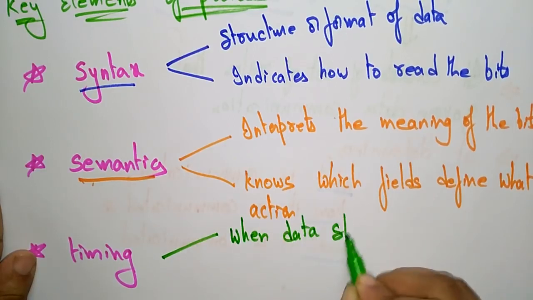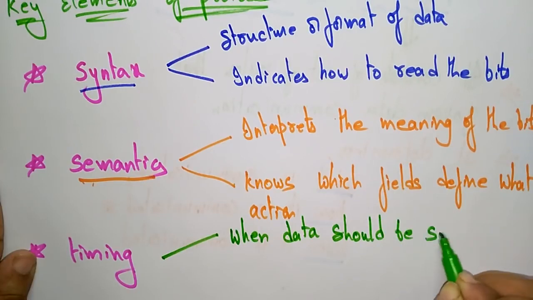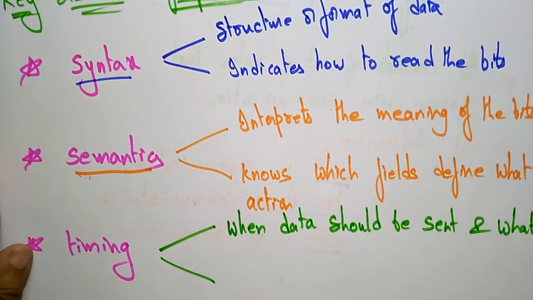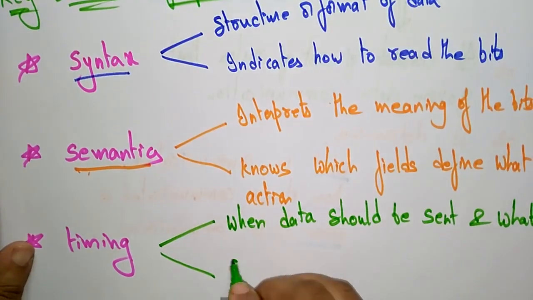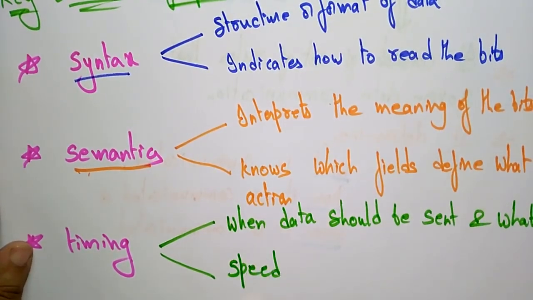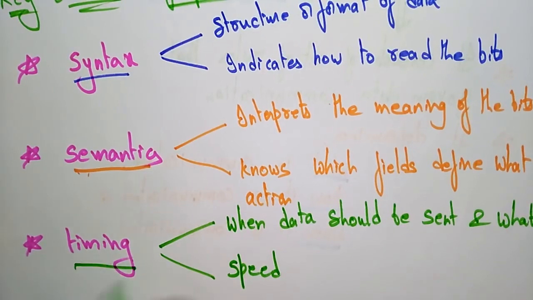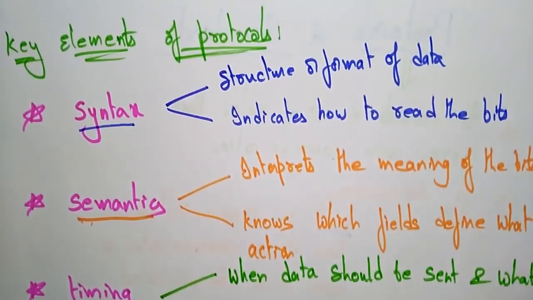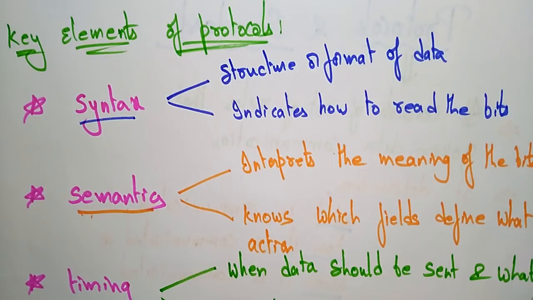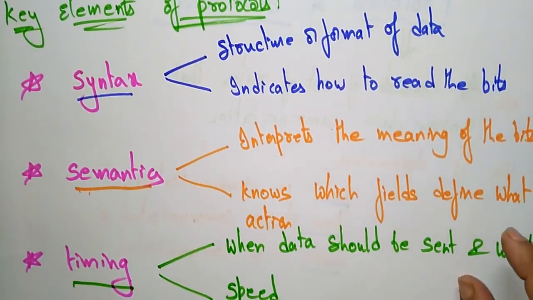It also concerns the speed at which data should be sent or the speed at which it is being received. So this is timing. Here I explained what a protocol is, what exactly the protocol determines, and the main key elements of protocols: syntax, semantics, and timing.